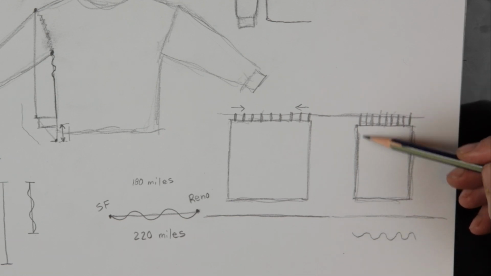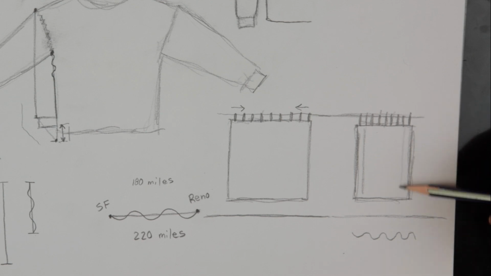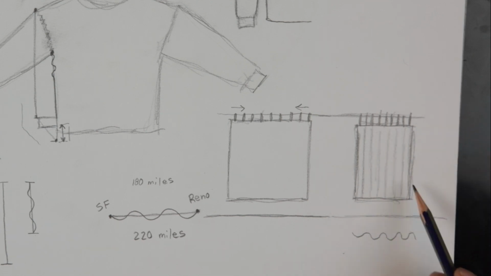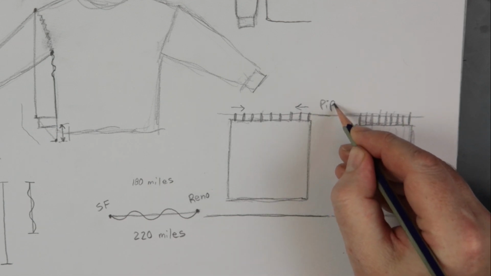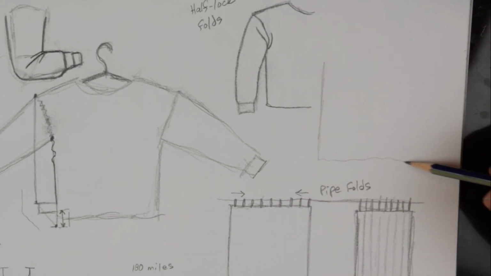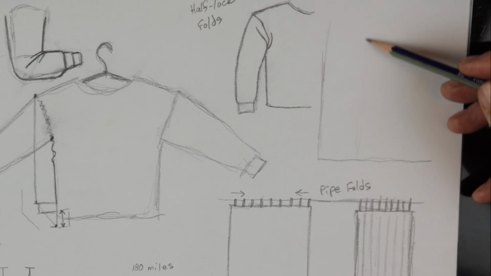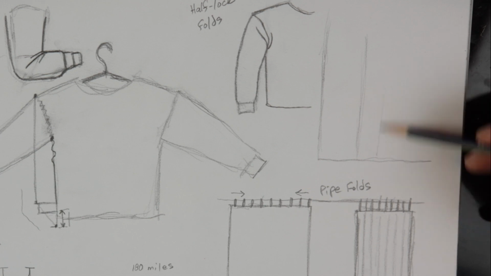And so looking at it head on, we're going to see vertical parallel lines creating these folds. And these particular folds are called pipe folds. And if we look at these a little closer, let me draw just a section of it bigger here. So you've got vertical lines that are parallel.